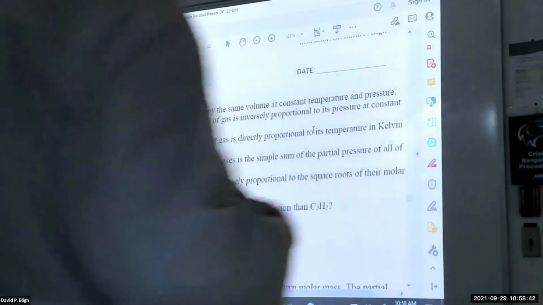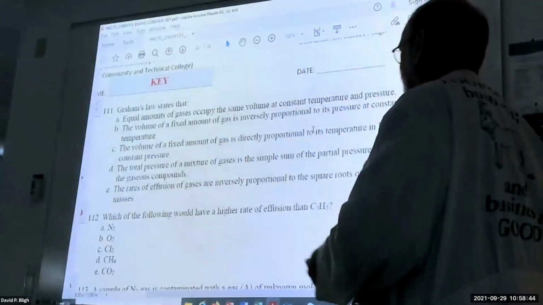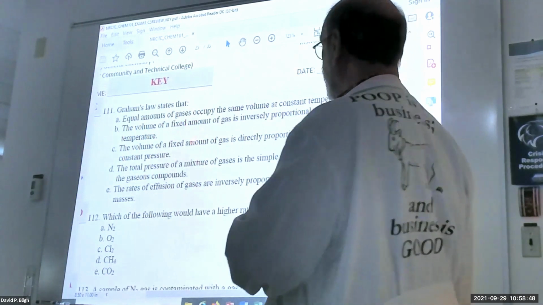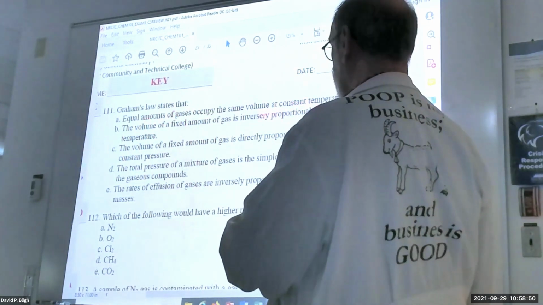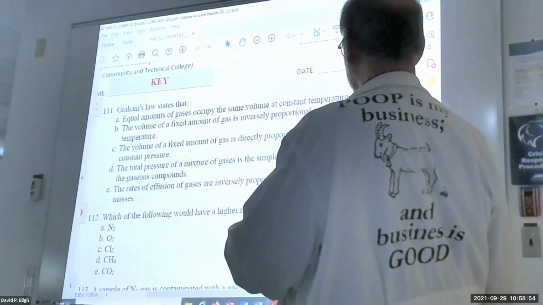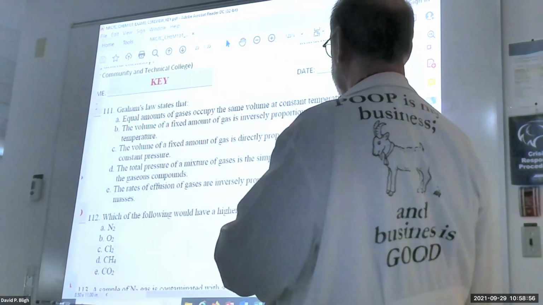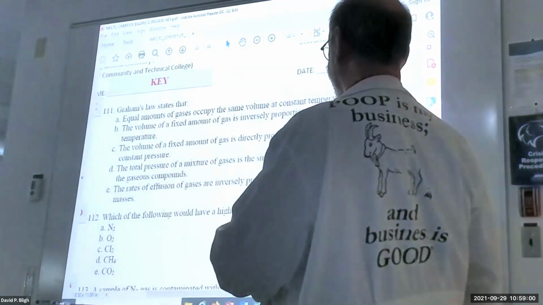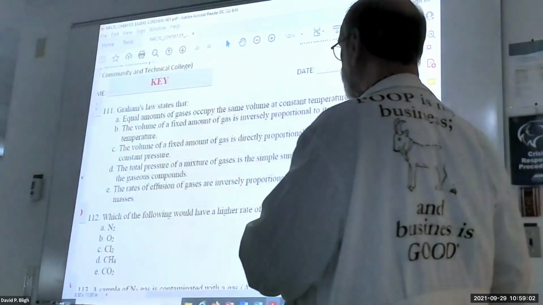Equal amounts of gas occupy the same volume. These are the same selections as the earlier laws, right? So we already identified that one as Avogadro's. The volume of a fixed amount of gas is inversely proportional to its pressure at constant temperature. That's Boyle's.